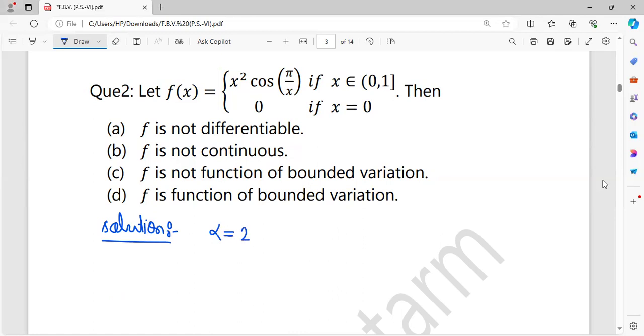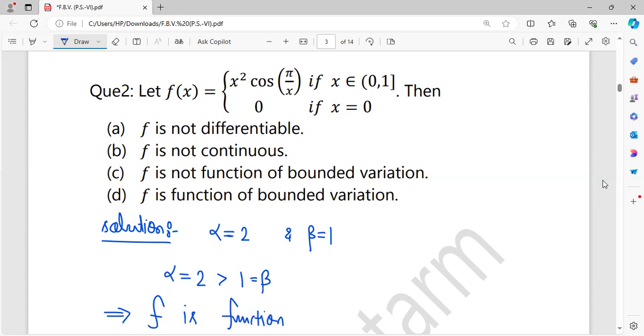And what is beta? Beta is 1. So alpha is equal to 2, and this is greater than 1, which is beta. So this implies f is a function of bounded variation. So option number D is correct.